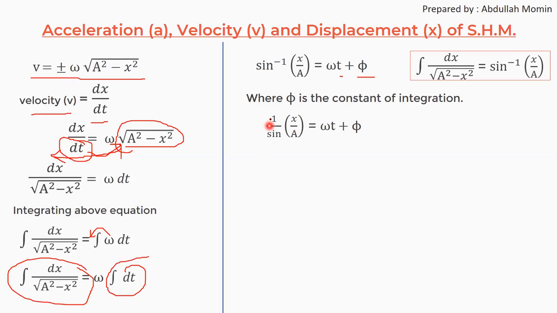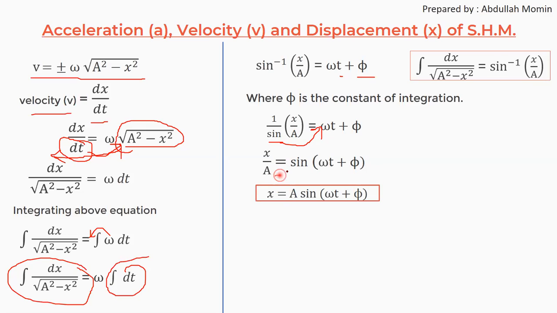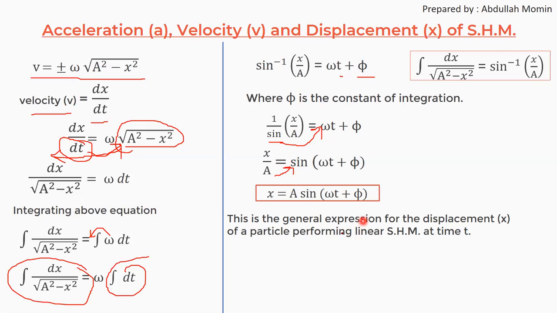Sine inverse means inverse of sine, so we will take this to the other side of the equal sign. So x by a is equal to sine omega t plus phi, and a goes to the other side, so x is equal to a sine omega t plus phi. This is the general expression for displacement of a particle performing linear SHM at time t.